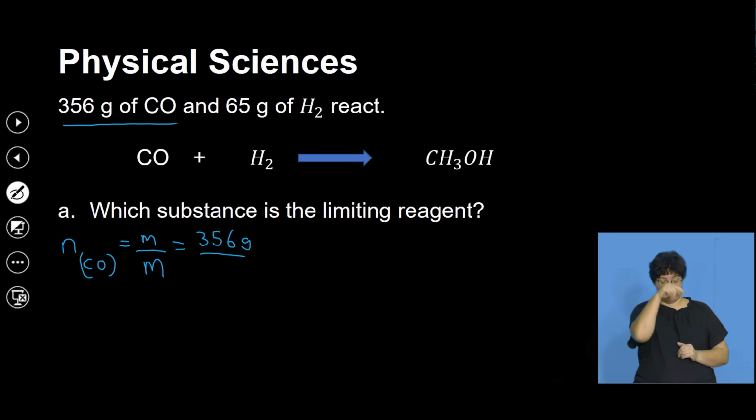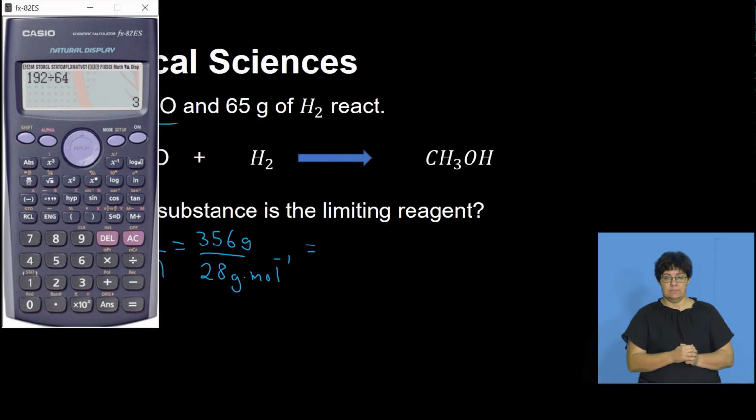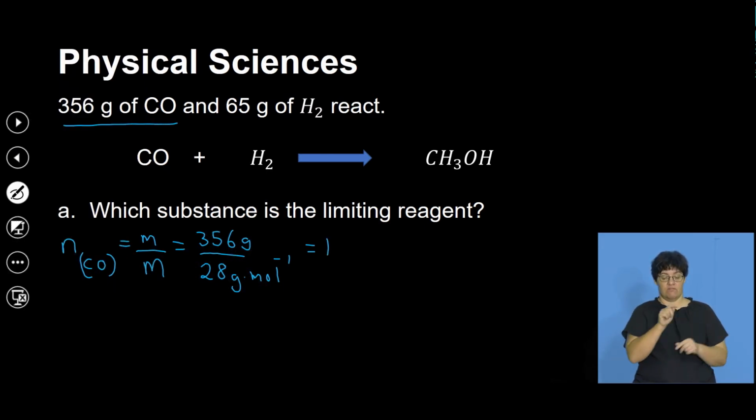That calculation will give us the moles of carbon monoxide. 356 divided by 28, as a decimal fraction, is 12.71. So that's 12.71 moles.